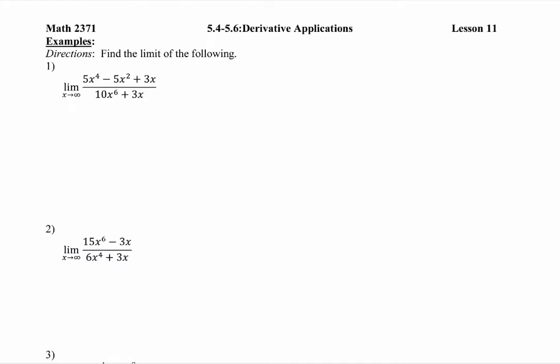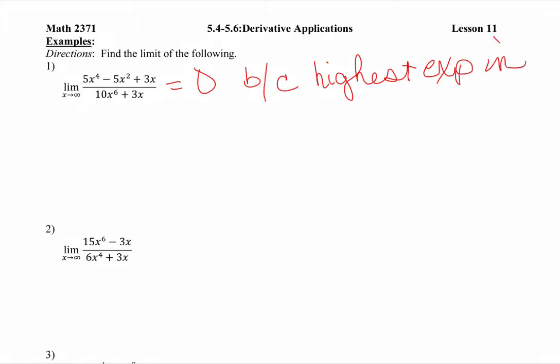Where's the highest exponent? Denominator. So what's the limit? Highest exponent's in the denominator, 0, because highest exponent in denominator. Okay?